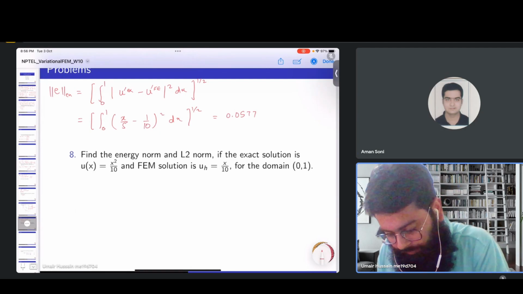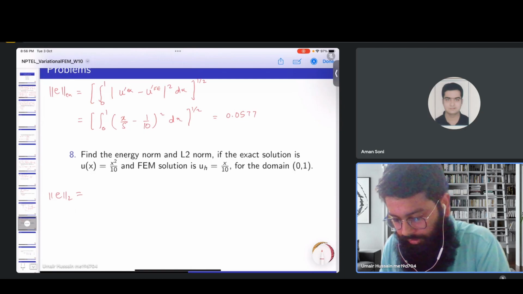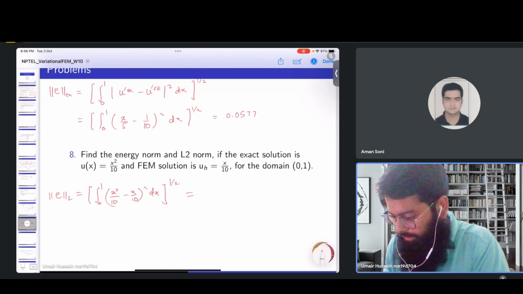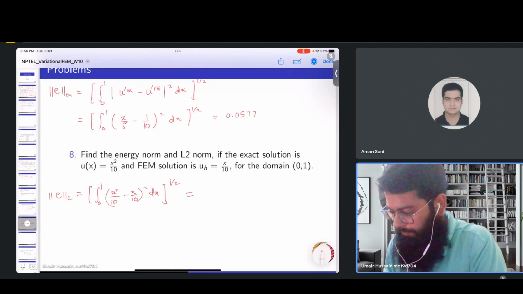I'll just check the error in the L2 norm also. I won't write it here. Directly, this is x squared by 10 minus x by 10 squared. So I'll just enter it in the calculator: x squared by 10 minus x by 10 plus 1, square root.